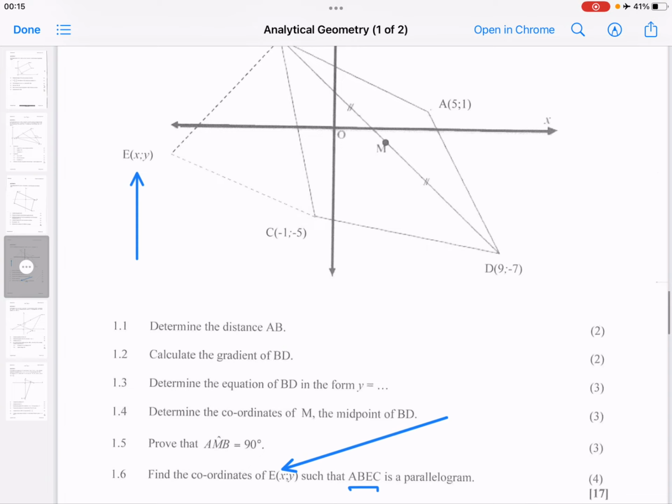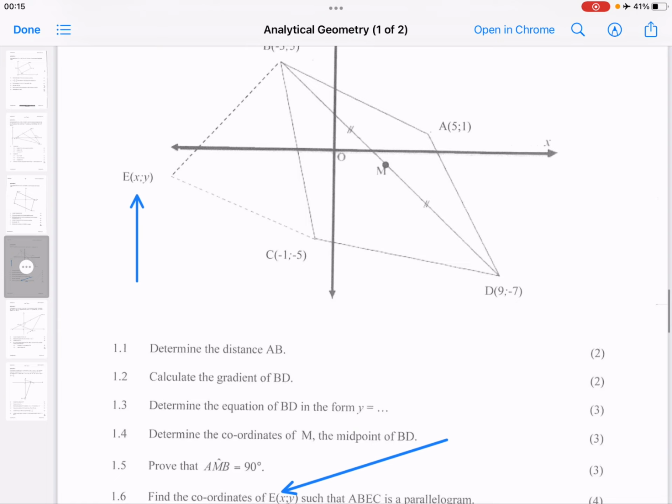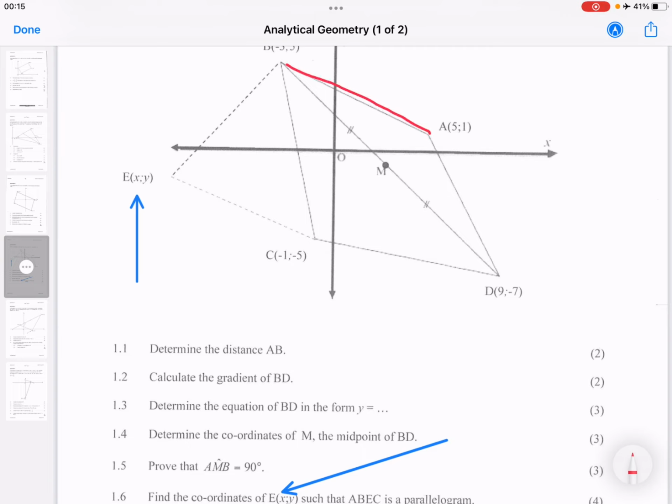Let me do that. I'm just hoping that it's not a complicated question. Let's try to redraw that to go from A to B to E to C, and then close it there.